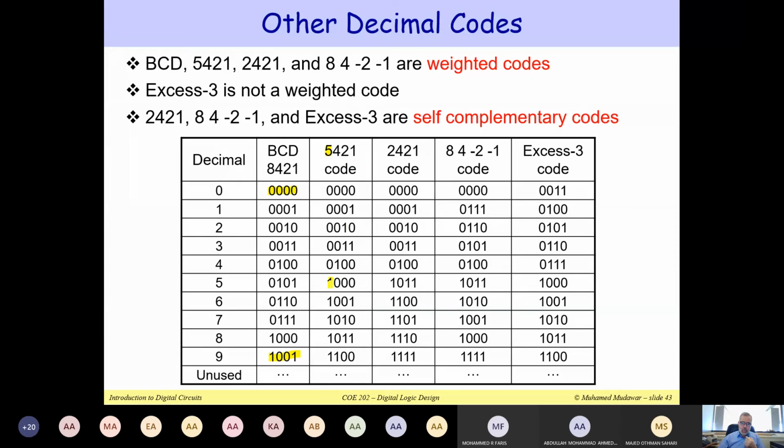So we always start with 1. If the number is 5 to 9, we always assign 1 to the most significant bit, because the most significant bit has a weight of 5. So we start with 1 in the most significant bit, and then 6 becomes 1001. This will be 5 plus 1, 7 will be 5 plus 2, 8 will be 5 plus 3, and 9 will be 5 plus 4. So this is a different way to assign the code to these decimal digits. It's called the 5421 code.